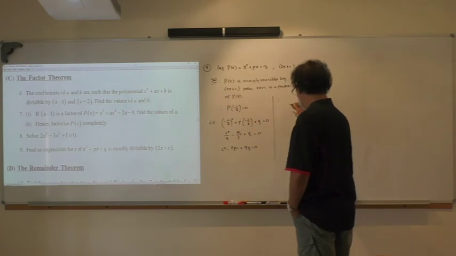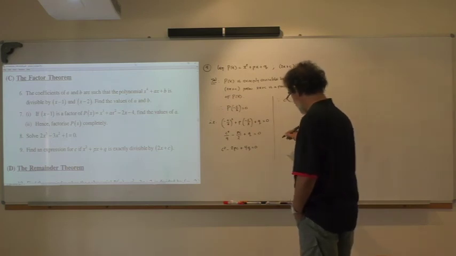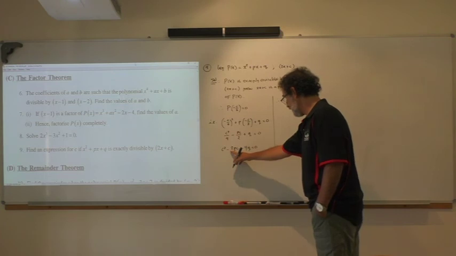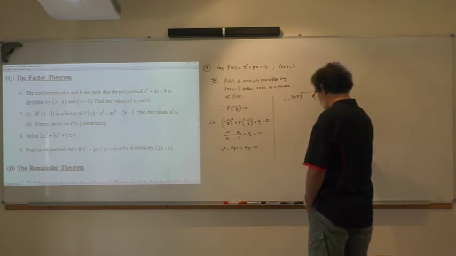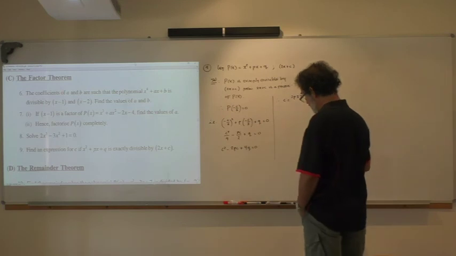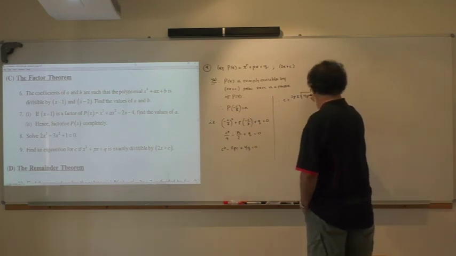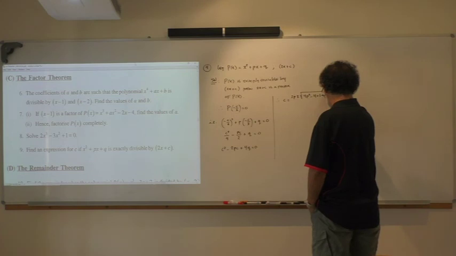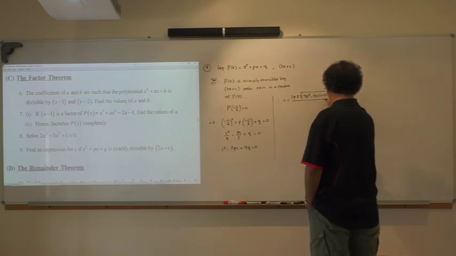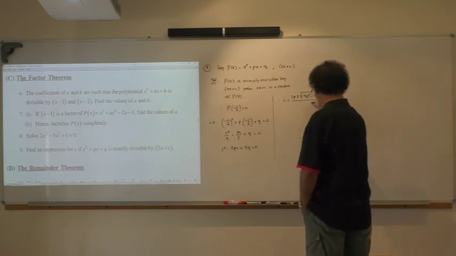Therefore, we're going to say c is equal to, in here, minus minus 2p, so it's going to be 2p, and then plus or minus the square root of 2p squared, so that will give you 4p squared, and then minus 4 times 1 times 4q, and all that divided by 2.